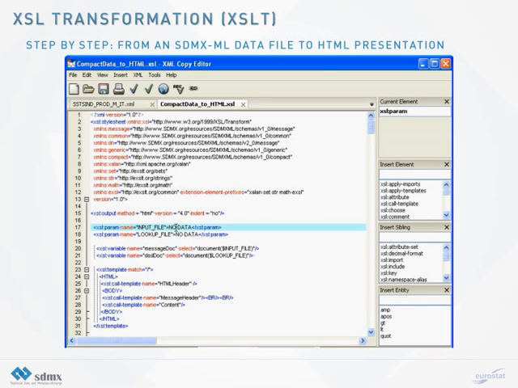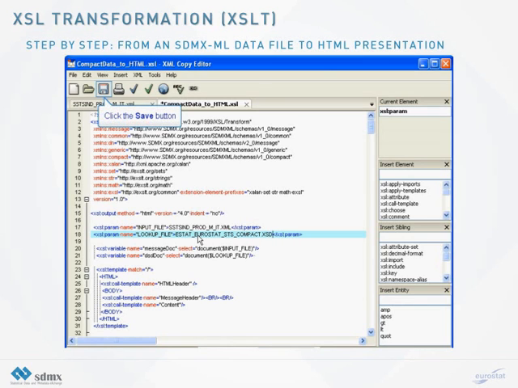Input_file is the data file we are going to process, and lookup_file is the schema we require. In this case, estat_eurostat_sts_compact.xsd.